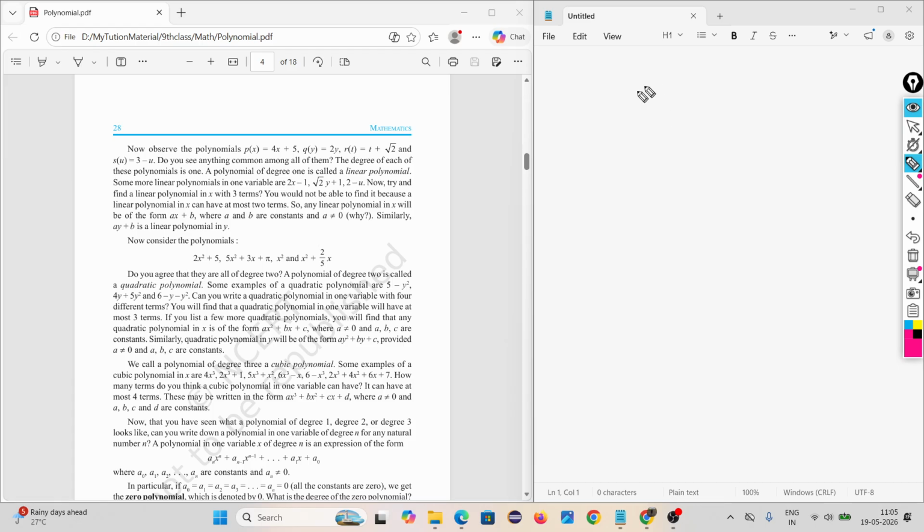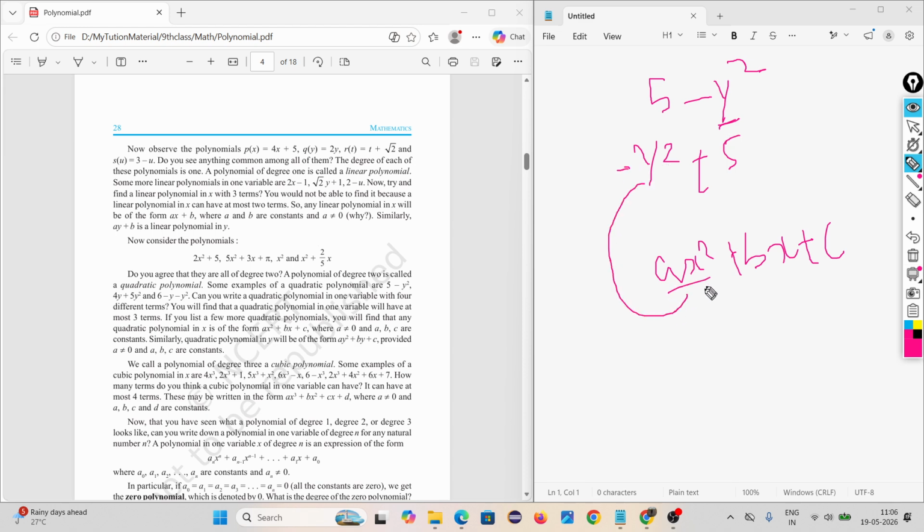Look, I'm taking one example. You can say, sir, it is not in the form of ax square plus bx plus c, na? Where is the bx term? I can write it as y square plus 5. This is the x square term, this is the constant term. It is called a pure quadratic polynomial, where the x term is not there.